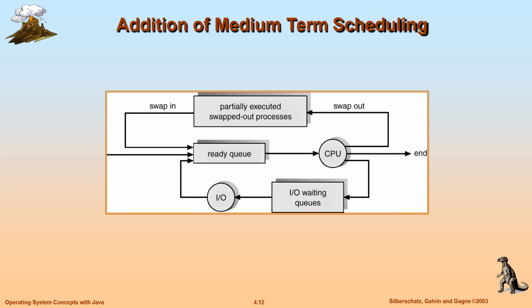Removing some of the processes from the CPU is called swap out. So partially executed processes are kept here, and after some time they are given to the ready queue. This is called swapping, and execution will start again. After execution, the process is terminated.